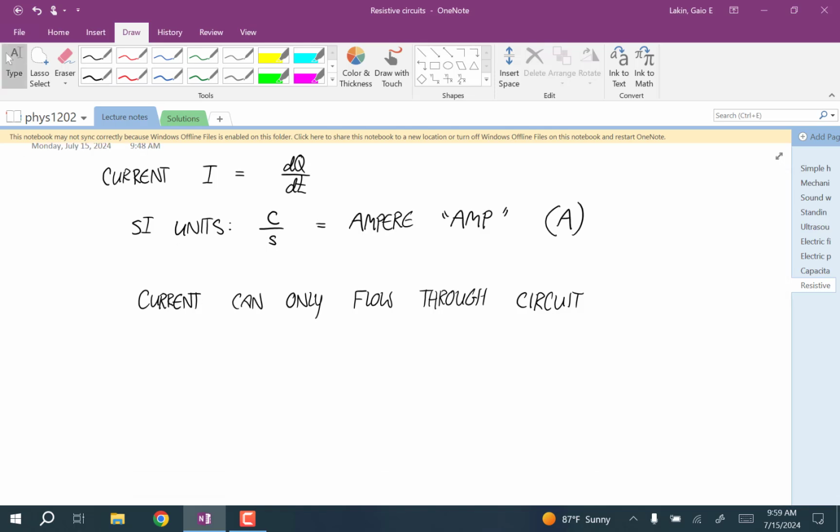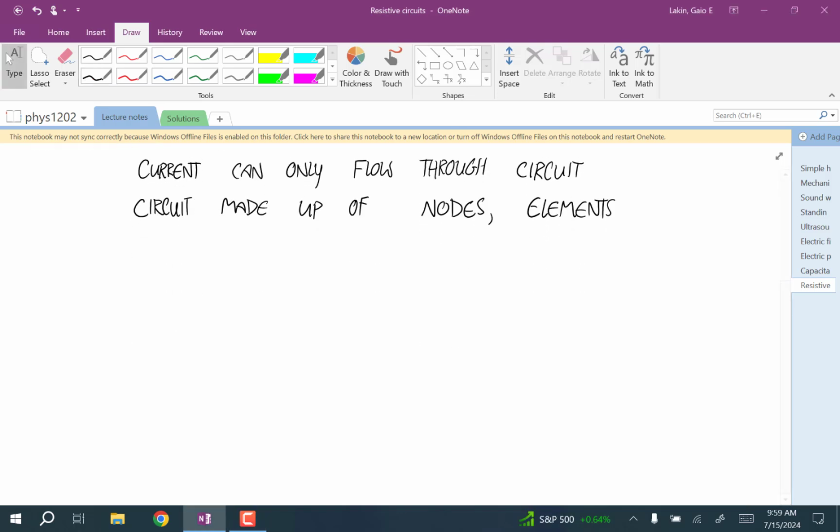And a circuit is made up of two things: nodes and elements, circuit elements. So this is what a circuit diagram looks like, and I'll tell you what these elements mean soon.